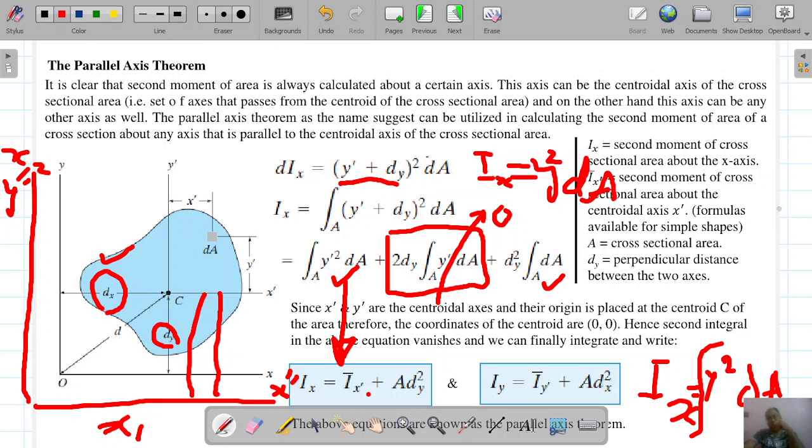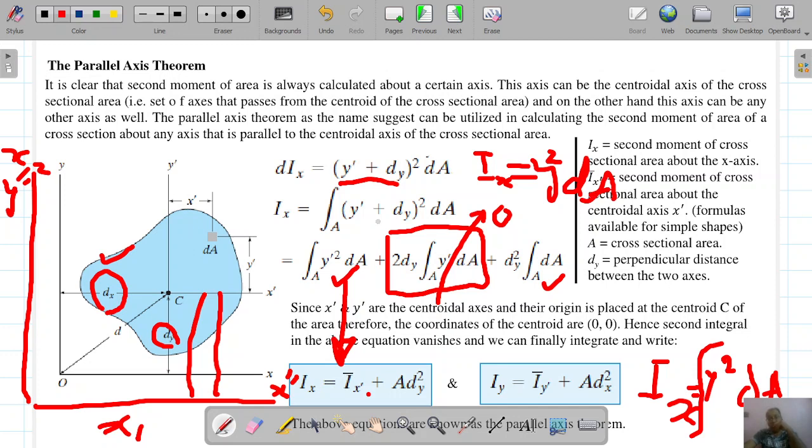This practical example shows the real importance of the second moment of area in designing mechanical structures, civil structures, automotive structures. It is applied a lot there. So being mechanical engineers, or any type of automotive, civil or manufacturing engineers, you need to understand the second moment of area and the parallel axis theorem.